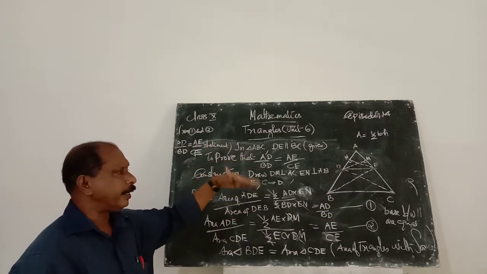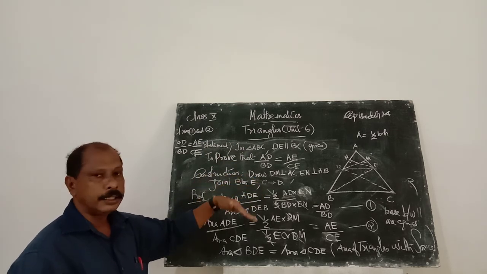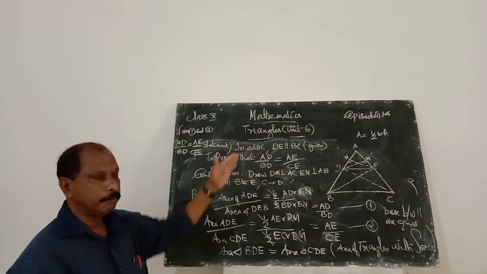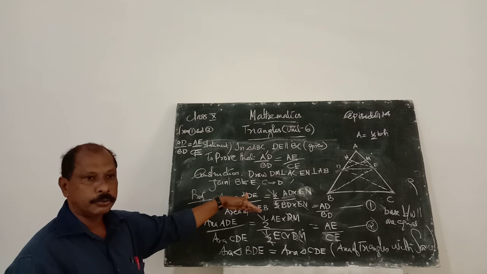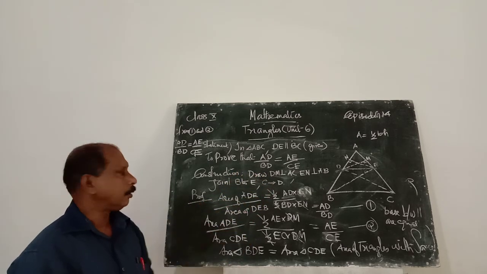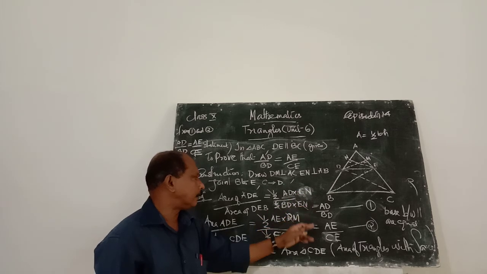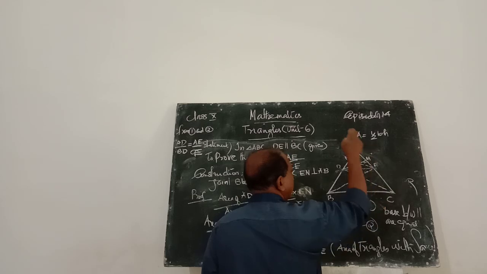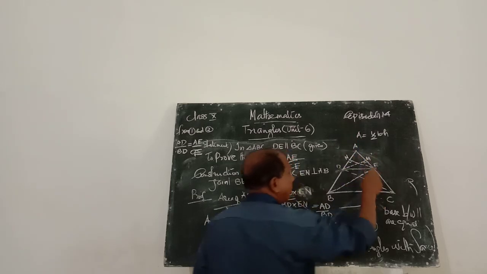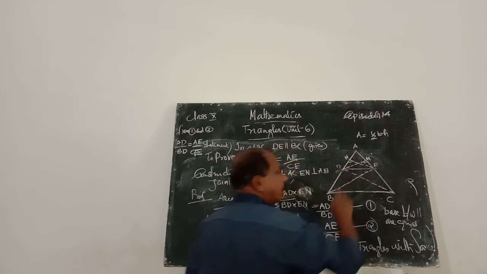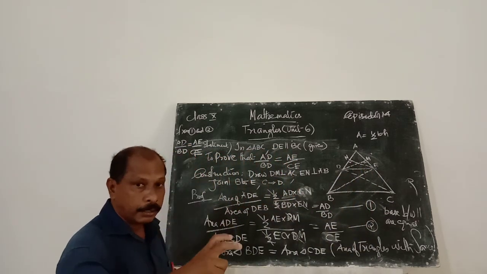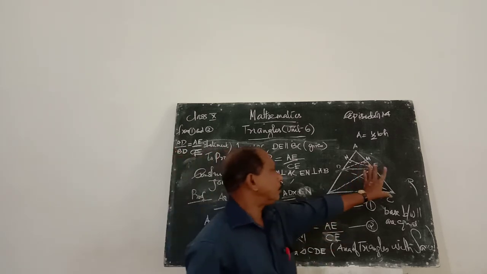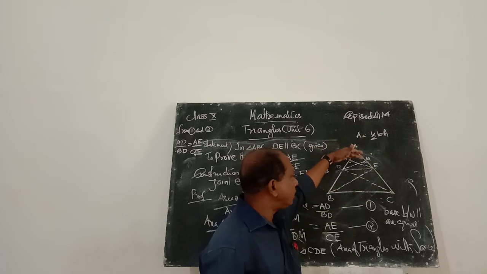Therefore, area of triangle ADE by area of triangle BDE is equal to half into base AD into altitude EN by half into base BD into EN. Therefore, half and half cancel, EN cancels, we get AD by BD. Similarly, let us consider AC as base. Area of triangle ADE by triangle CDE is equal to half into base AE into altitude DM by half into CE as base and the altitude DM.